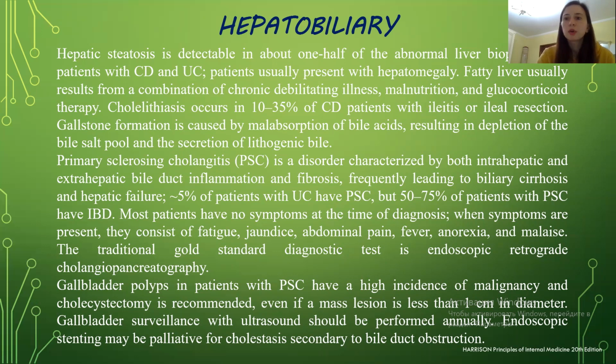Next, primary sclerosing cholangitis is a disorder characterized by both intrahepatic and extrahepatic bile duct inflammation and fibrosis, frequently leading to biliary cirrhosis and hepatic failure. 5% of patients with colitis have primary sclerosing cholangitis, but 75% of patients with this cholangitis have inflammatory bowel disease.